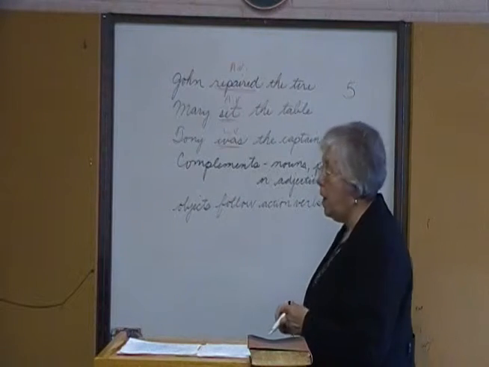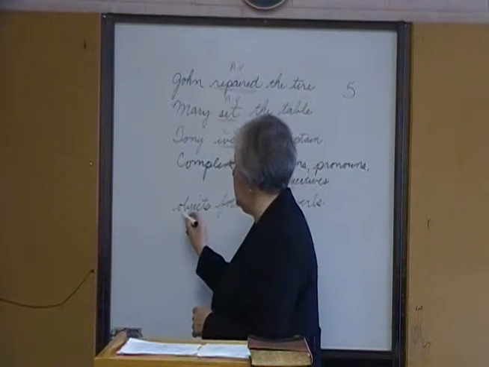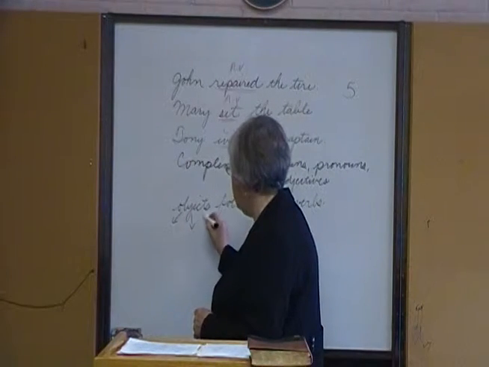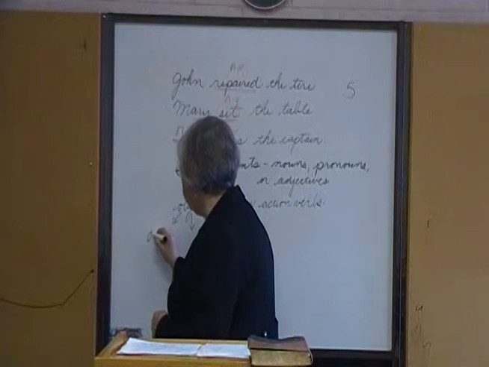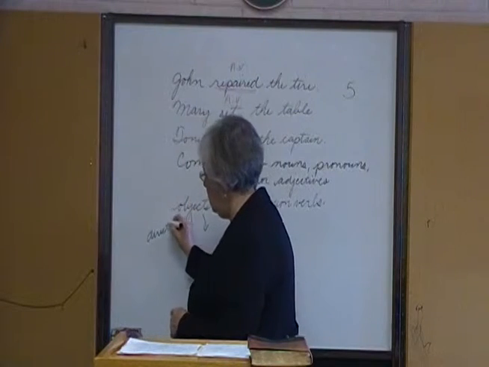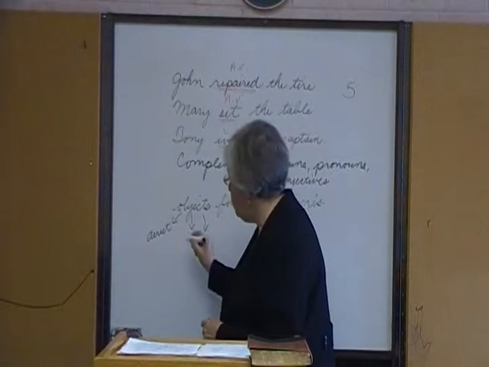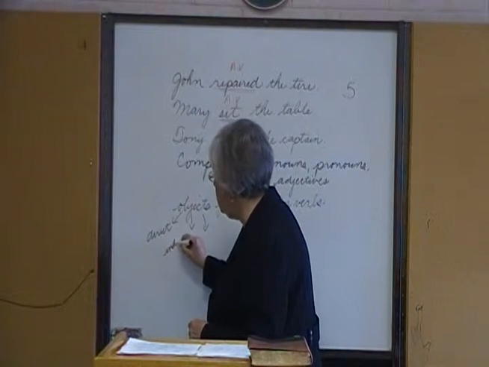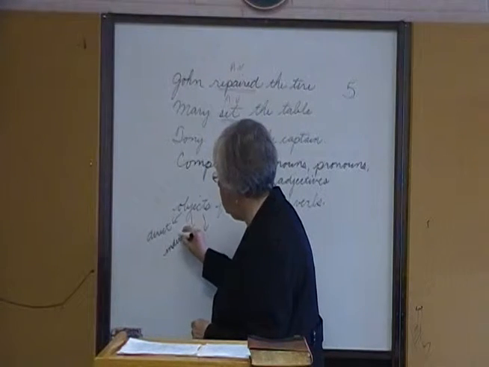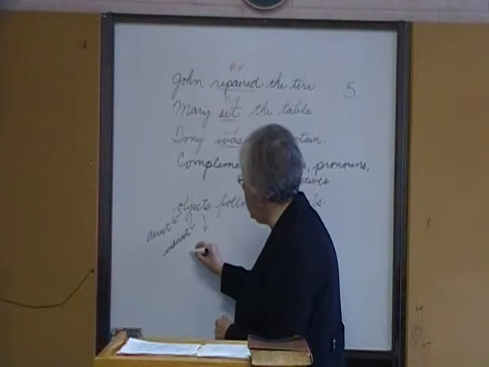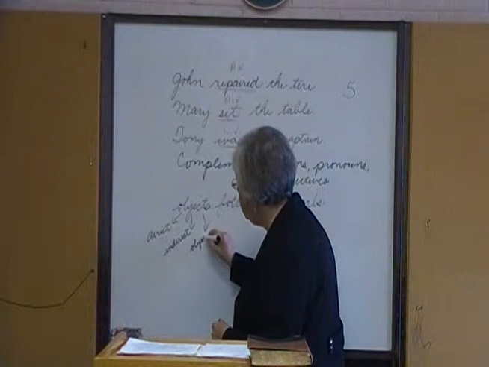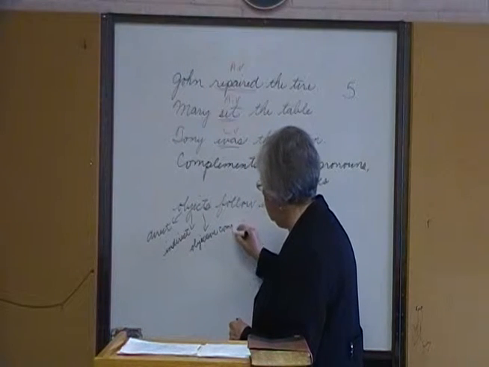All right? Now, objects can be divided into 3 kinds. There are 3 types of objects. We have what we call a direct object that follows an action verb. We have an indirect object that follows the action verb. And also we have what we call the objective complement.